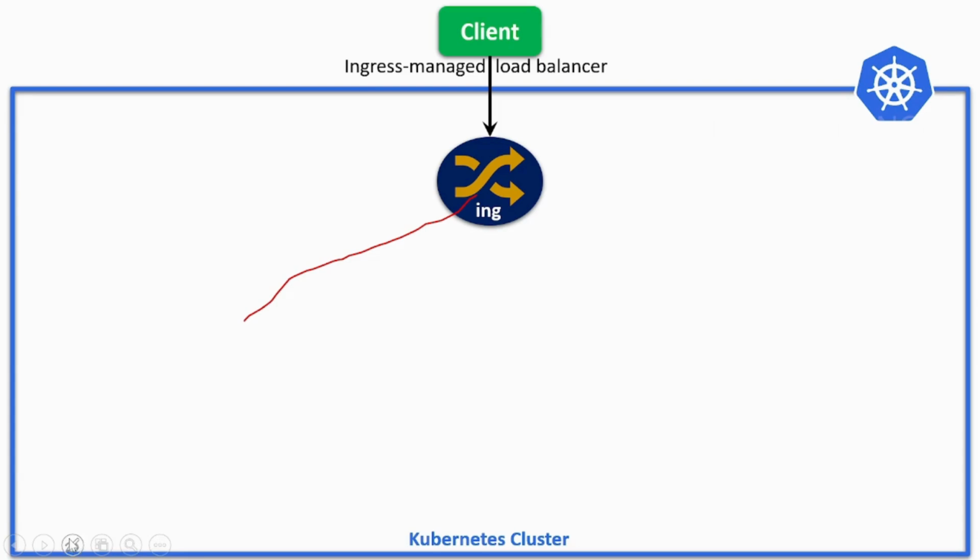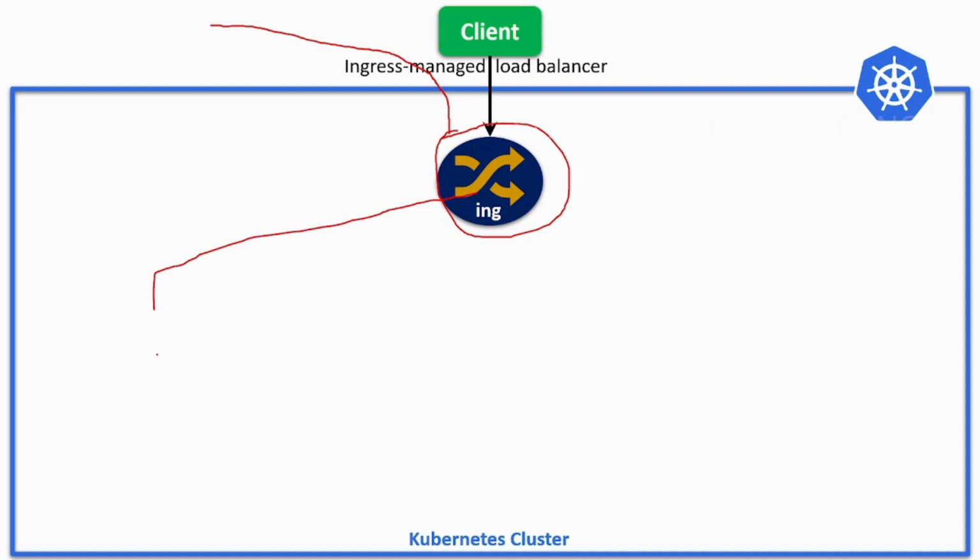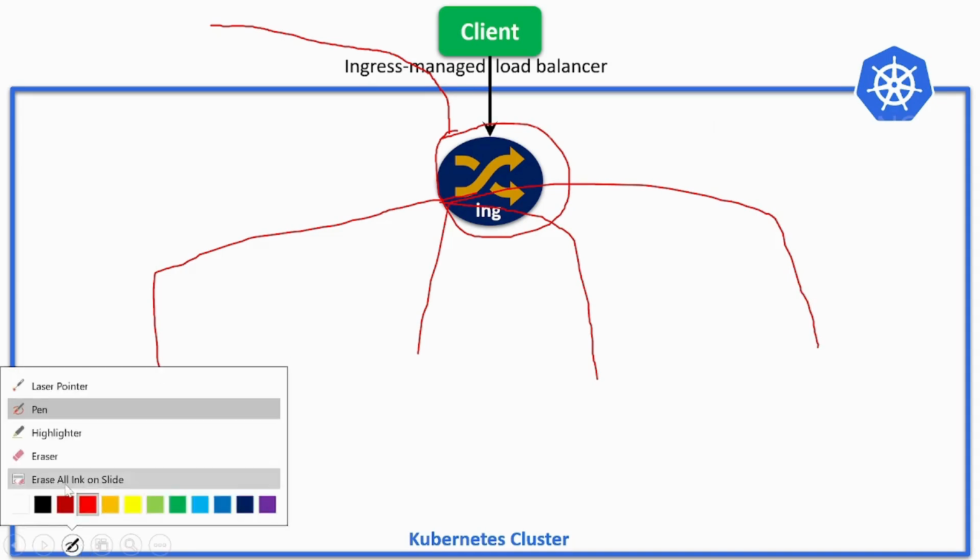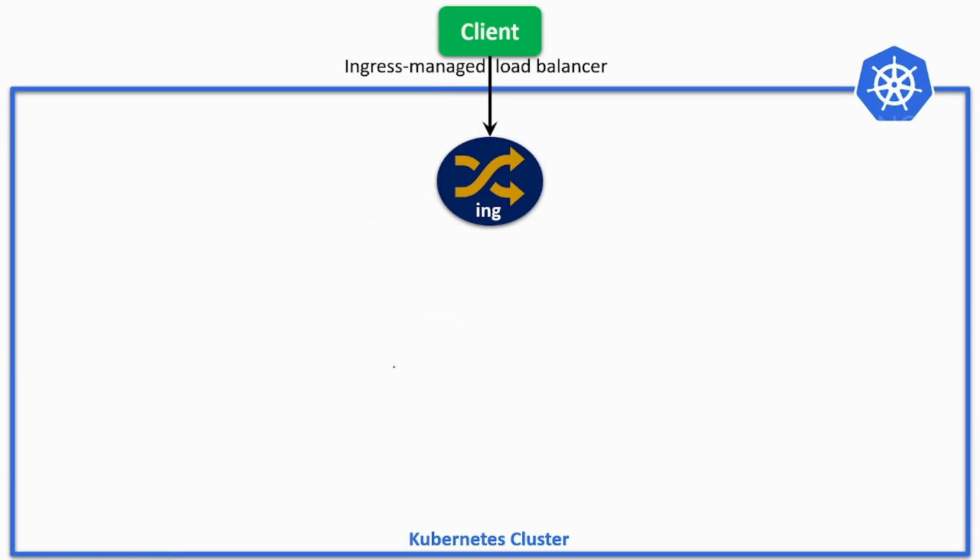Once the user's request enters our cluster, somebody should take the responsibility, and according to the requirement, route the traffic to the destined pods where that requirement can be fulfilled. That somebody is nothing but our Ingress controller.